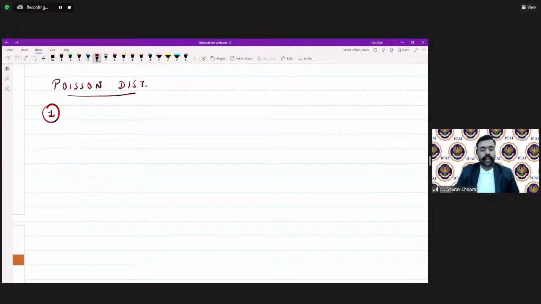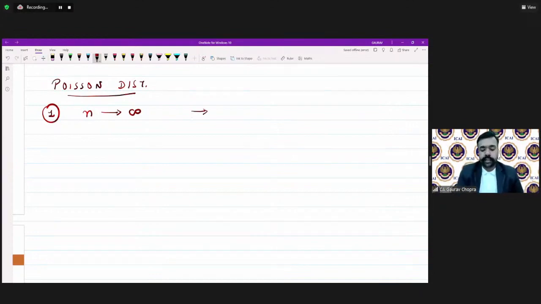Here also we are talking about n, but here we can say that n tends to infinity. In binomial distribution, n was a finite number, but here we are saying that n is very large, such that n tends to infinity.